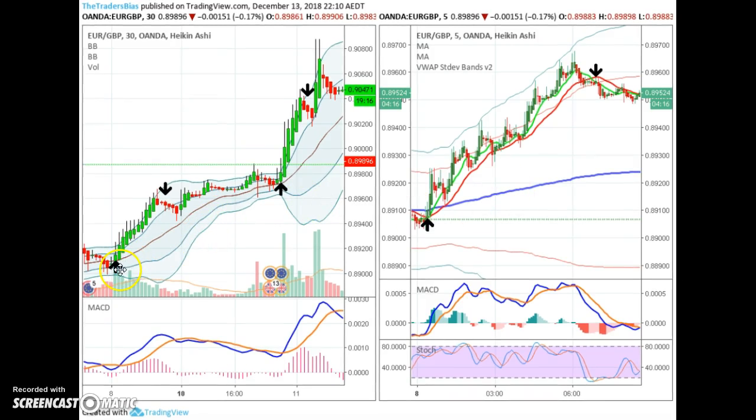Now I've got a perfect entry here. It's the exact same entry that I just showed on the chart. But that's the first leg, and then you can't trade this bit here at all because it's against the rules of my intraday method. And then you can enter here. And this trade here is this one.